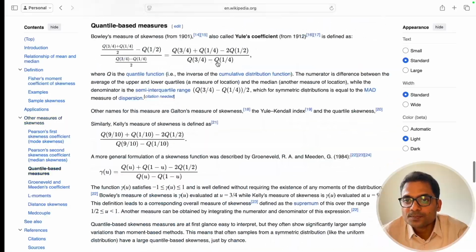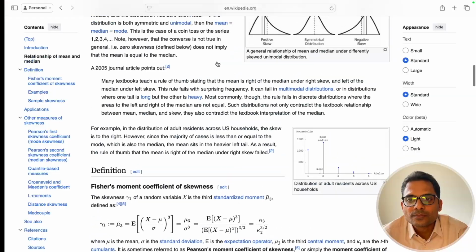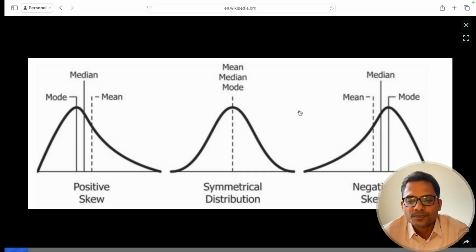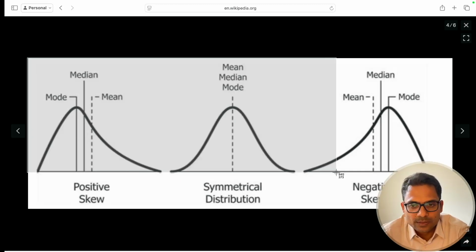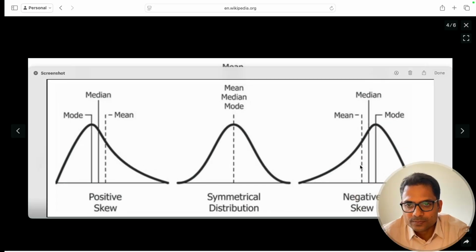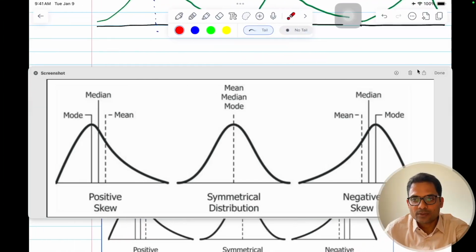Where is it? This one, this is a very good diagram. Let me take a screenshot of this and explain it to you. I put it in the notes. Okay, and let's come back to the notes.